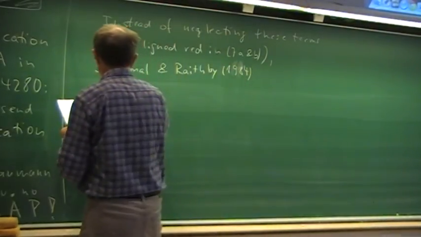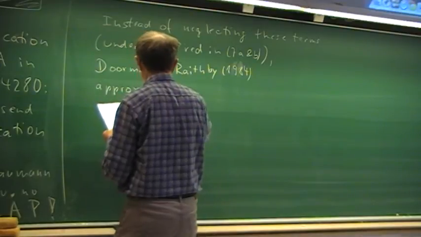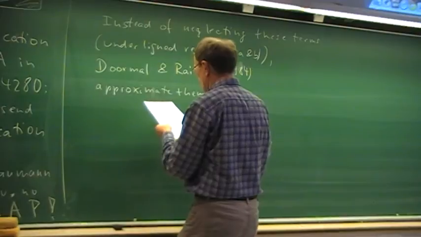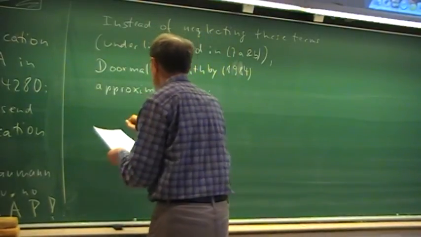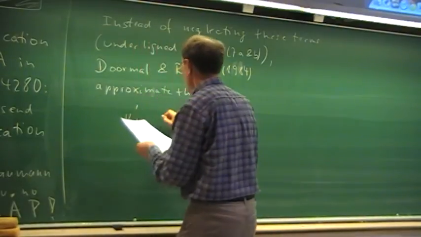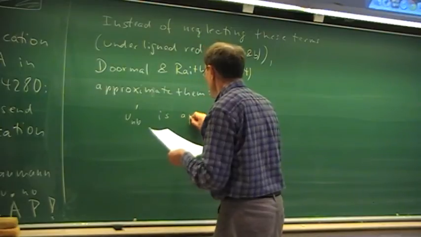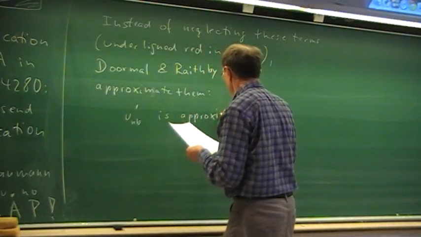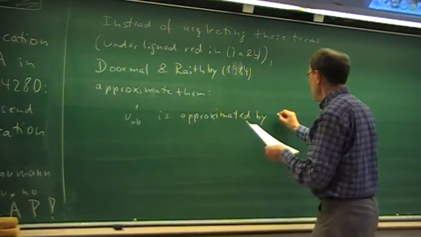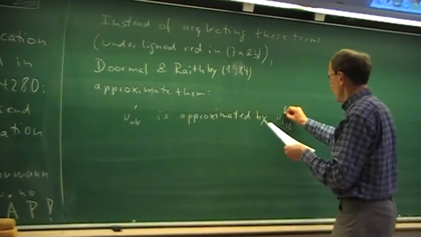They approximate them. They approximate the values of u at the neighboring nodes, that is the velocity perturbation in x direction, by the value at the center node, which is uij prime.